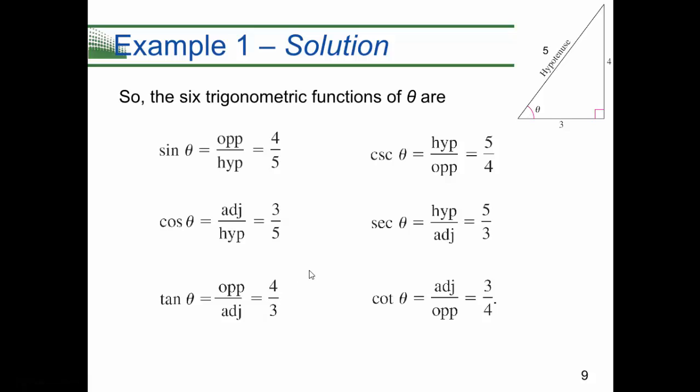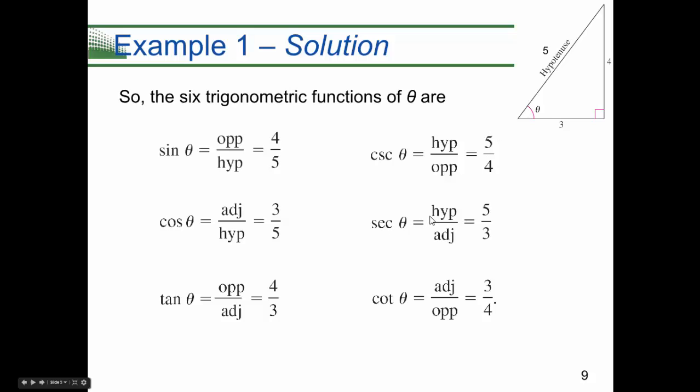Now you can use the triangle to do the other 3, or look at the relationship. Cosecant is the reciprocal of sine. So cosecant is hypotenuse over opposite, so 5 over 4, or you can take the sine ratio of 4 over 5 and flip it to make 5 over 4. Same thing with secant.